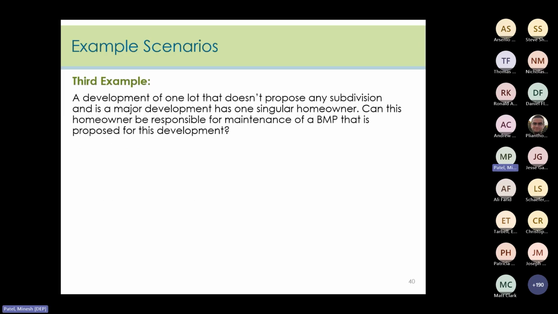Now let's look at a third example. Development of one lot that doesn't propose any subdivision and is a major development has one singular homeowner. Can this homeowner be responsible for maintenance of a BMP that is proposed for this development? And think about that for a couple seconds. And the answer to this one is actually yes.